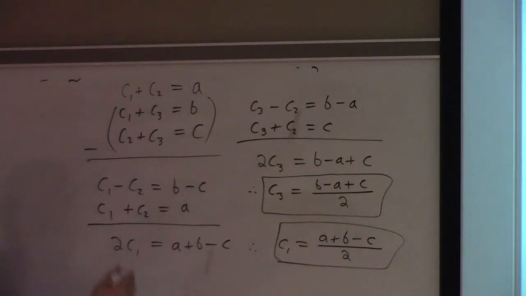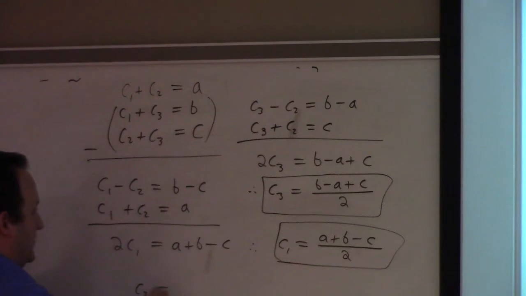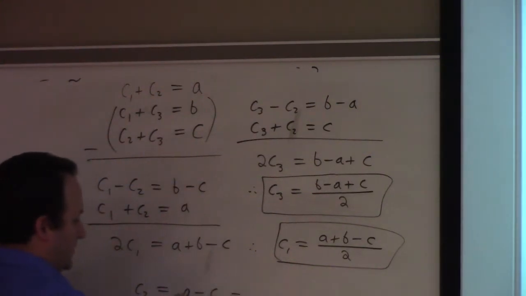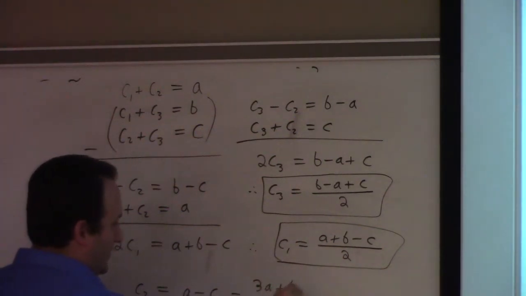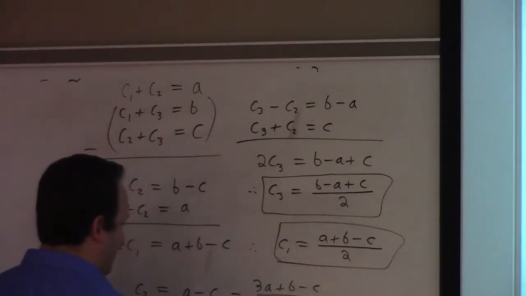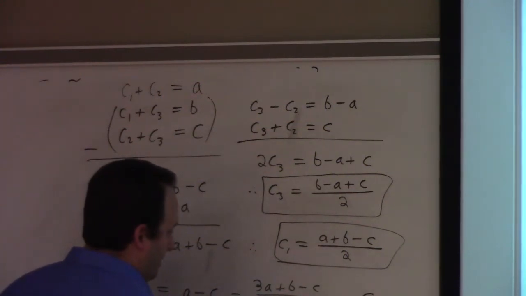And then pick your favorite thing and get C2. C2 is equal to A minus C1, which is equal to, so I get 2A, so I get (3A plus B minus C) over 2. There you go.